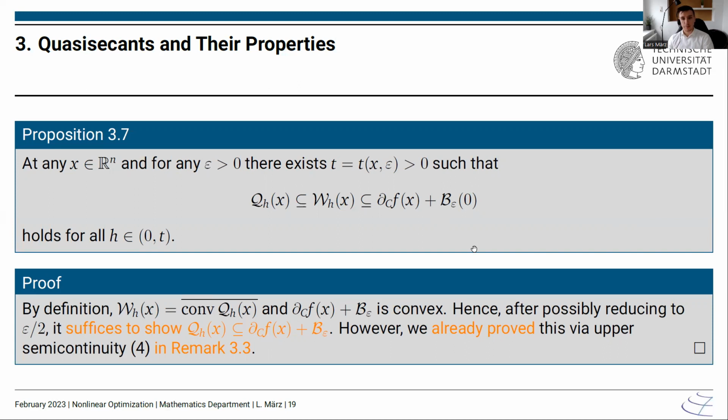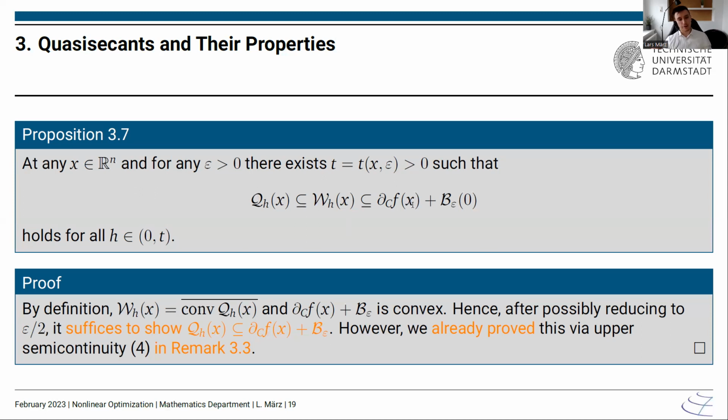So if we show the inclusion from the very left to the very right, we are actually done, because then we can take the convex hull, the left one becomes the middle one, and the right one doesn't change.